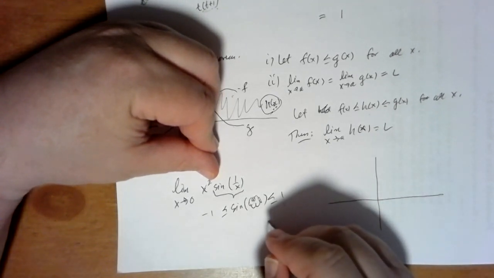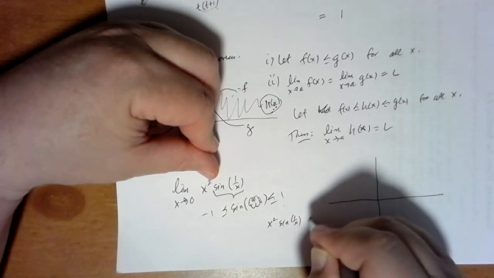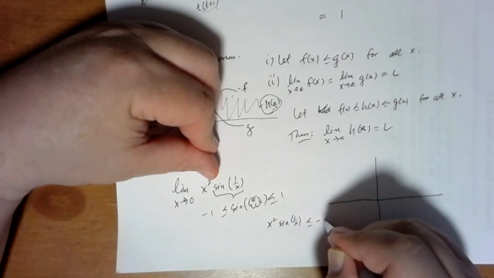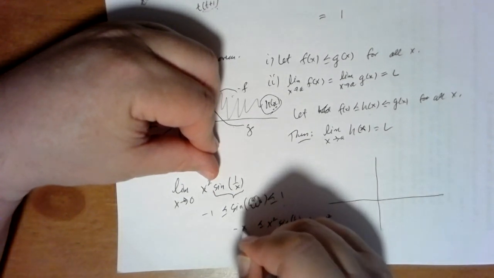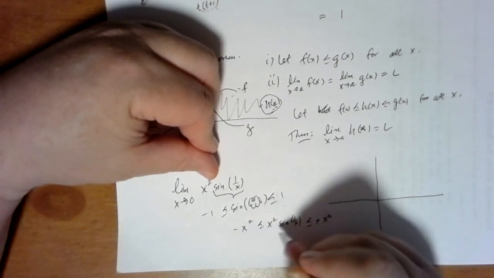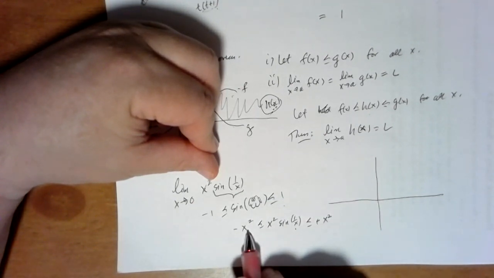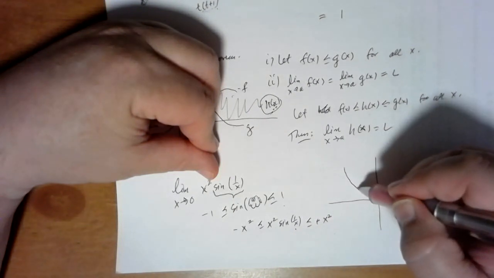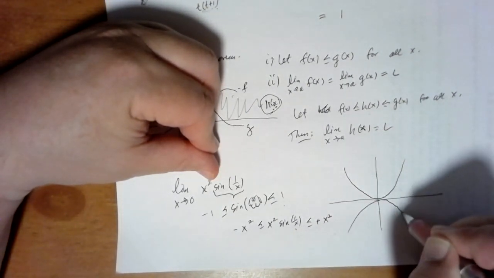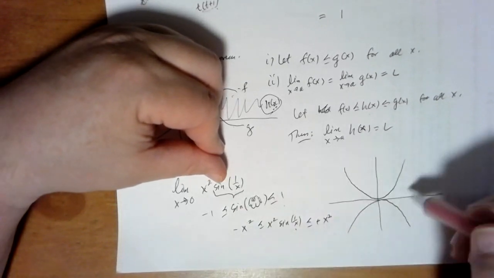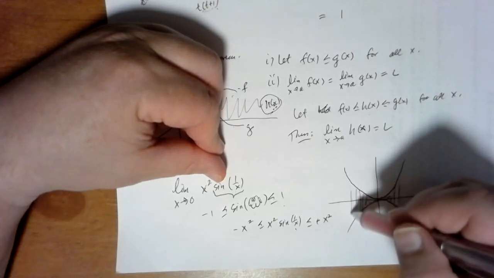So in other words, I know that x squared times the sine of 1 over x is going to be squeezed between minus x squared and plus x squared. So therefore, here's my x squared, here's my minus x squared. So the sine of 1 over x is waving around in here.